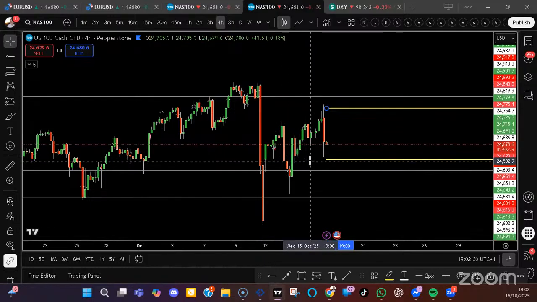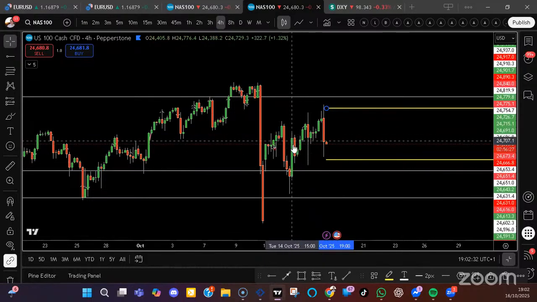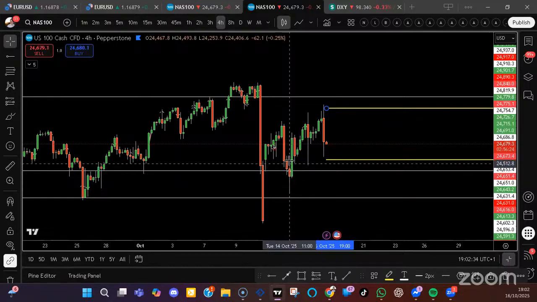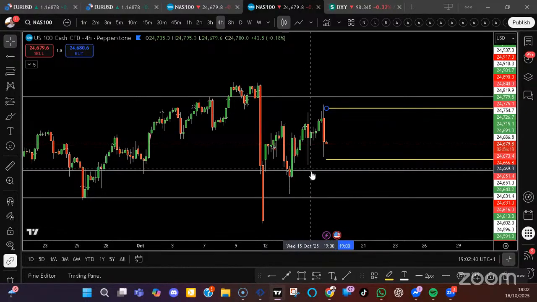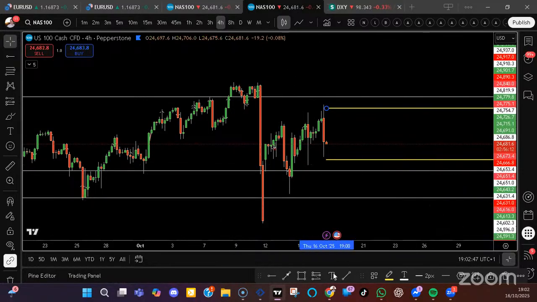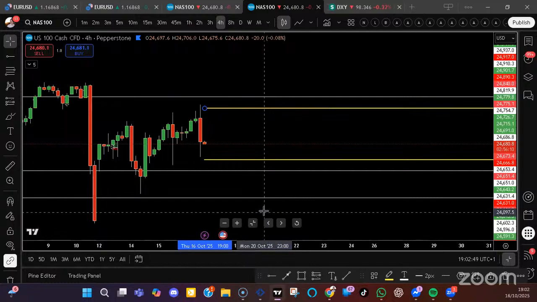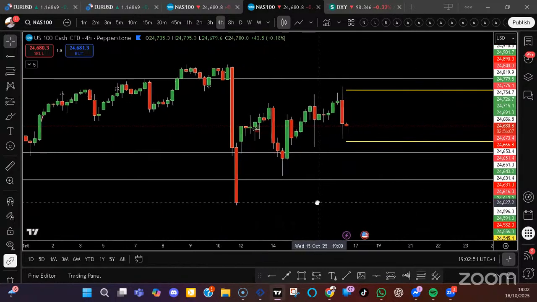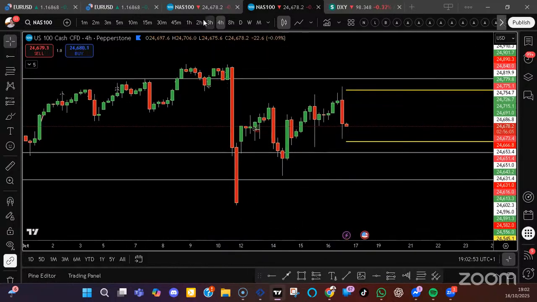Now that wick there has basically made that not fair value gap because of that wick there, and there's a wick there. So, but we've got fair value gap down here. So is price coming down here? I won't mark it up because it's a long way away yet.